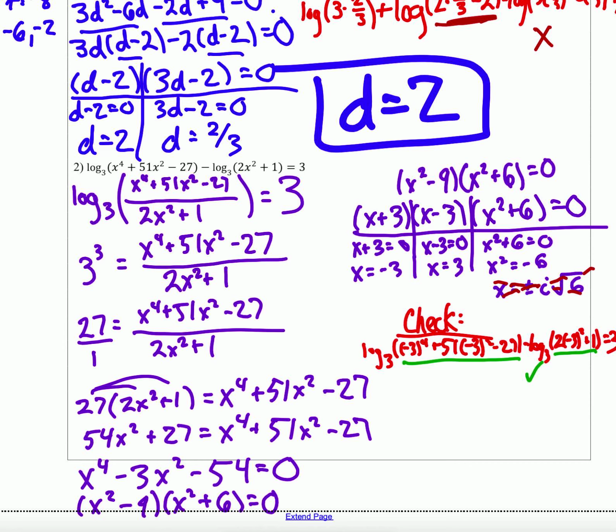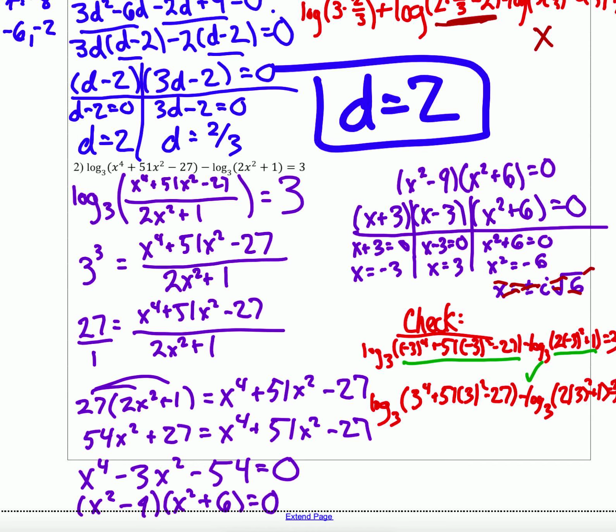So let's also check that for positive 3. Log base 3 of 3 to the 4th plus 51 times 3 squared minus 27, minus log base 3 of 2 times 3 squared plus 1. And that should equal 3.